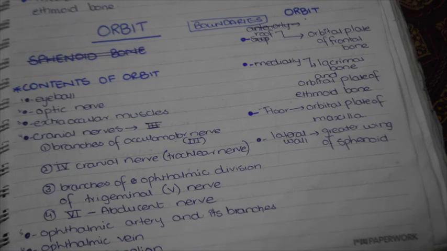This is just for the revision's sake, and I will do these with you again, the muscles of the eye, of course. But right now I'm just trying to put it in your head that the lateral rectus, that is LR6, we do it like a mnemonic. LR6 is supplied by the abducens nerve, that is lateral rectus muscle is supplied by the abducens nerve, and all the other muscles are supplied by the third cranial nerve, and that is it.